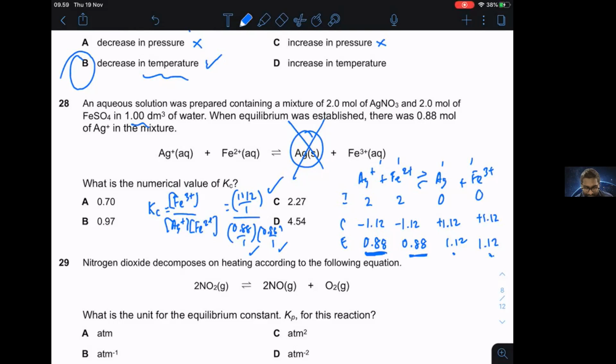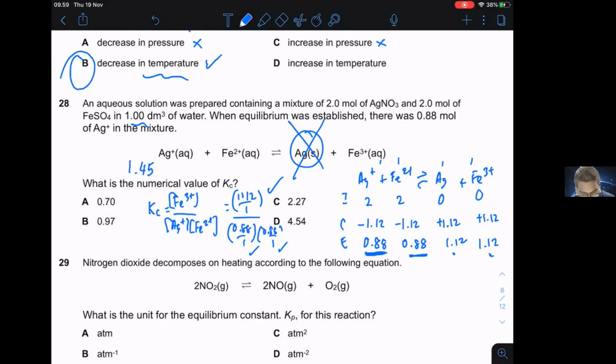Fe3 plus is 1.12, divided by 0.88 times 0.88. So I get 1.45. Question 28, the answer is B.